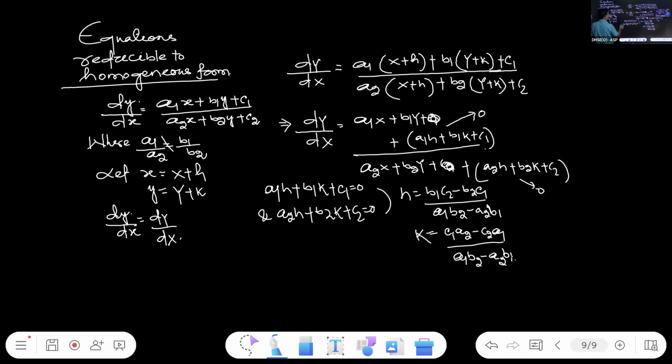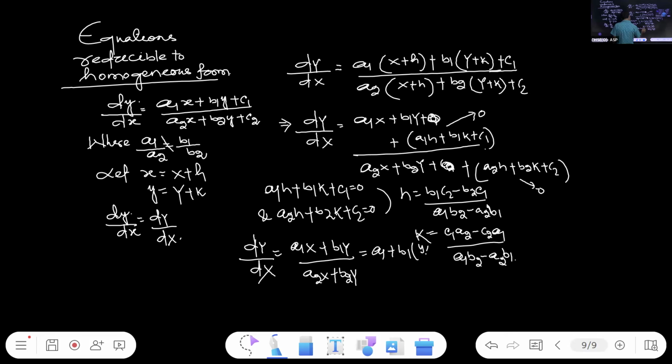So now the equation reduces to dY upon dX equals (A1X plus B1Y) upon (A2X plus B2Y). Now divide both numerator and denominator of the right hand side by X. The equation reduces to (A1 plus B1 into Y upon X) by (A2 plus B2 into Y upon X).